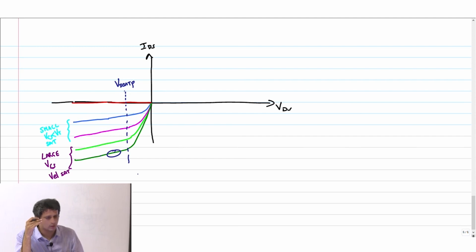This one is VD sat, because at the saturation value the current is saturating, right? So you look at the corresponding currents for the NMOS transistor that I draw here.